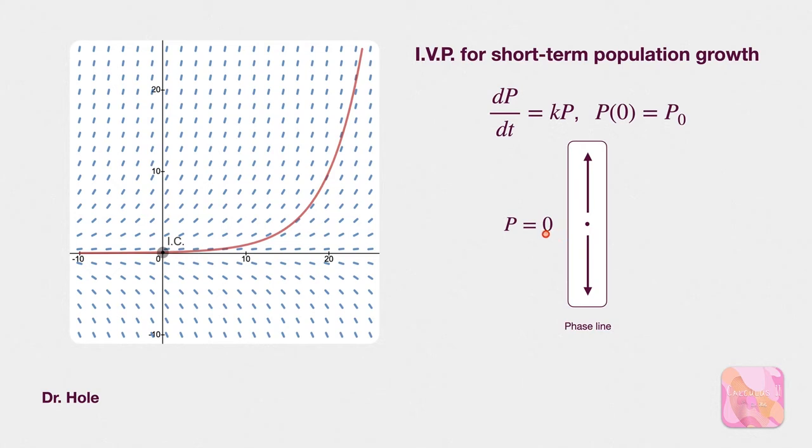For any equilibrium solutions, we could make a dot and then draw arrows away from the dot to indicate the direction of asymptotic behavior for solution curves. So in this case, the equilibrium solution, P equals 0, is asymptotically unstable. We have two arrows, one going up and one going down, away from the solution.